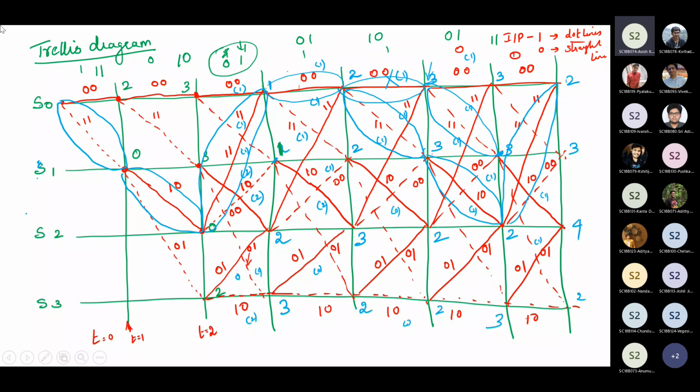Ma'am, like here, if we make a decision from time equal to 2 to time equal to 3, like S2 to S0, because it is also a minimum error, then we have to come back 1000 steps in case of real data. 1000 steps back we should come. That's what I'm telling. If the error correction capability is only 1 bit, it means we are expecting the channel to be very good, and it can introduce at most only 1 bit of error.